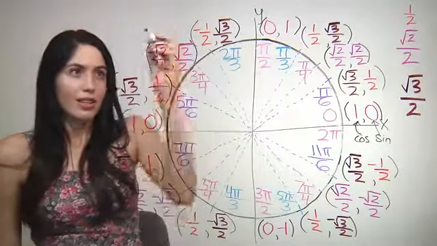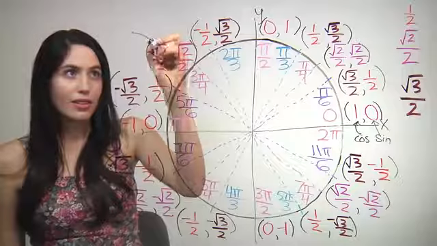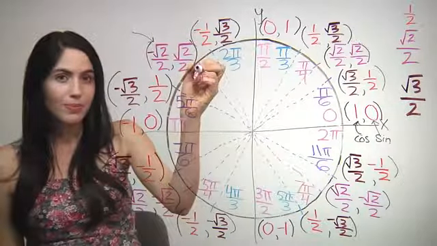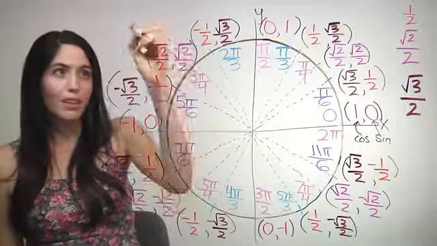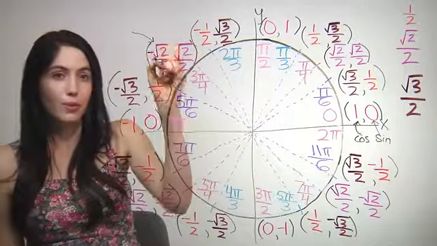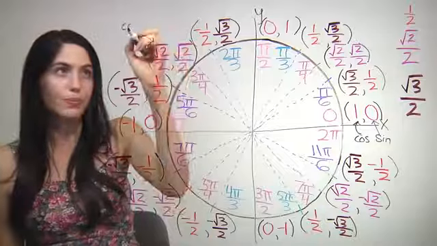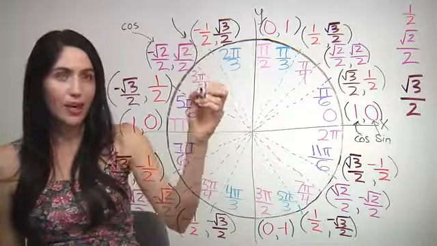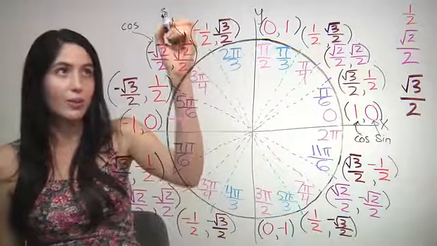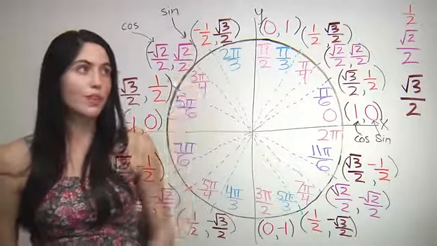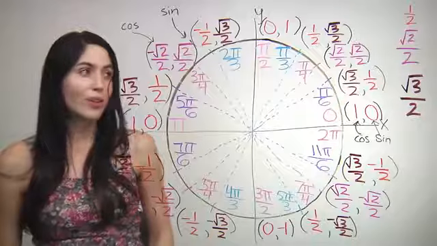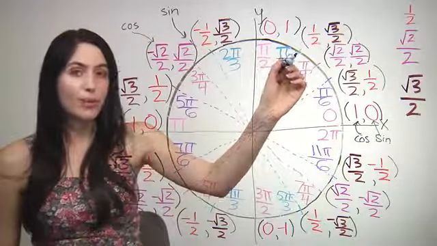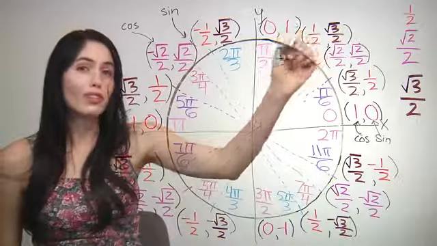So here, for 3 pi over 4, the cosine is negative root 2 over 2, and the sine of 3 pi over 4 is root 2 over 2. So if you have to figure out the cosine of pi over 3, it's the first value in the point.